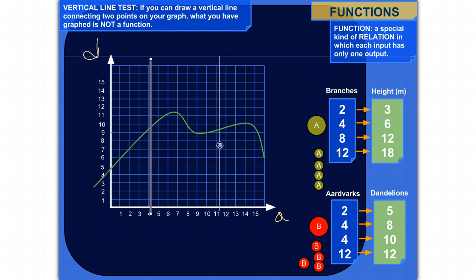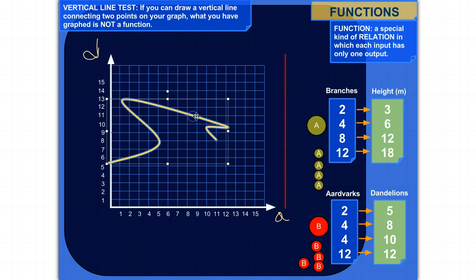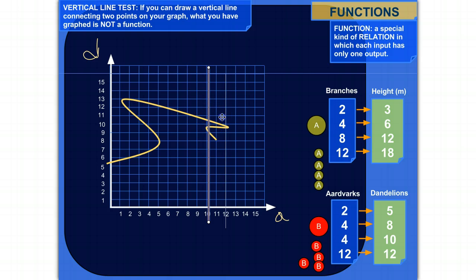Yep, it's a function, pass. I could give you something weird like that, and you'd say, oh yeah, you can connect 2 points. In fact, you can connect 3 points. Definitely not a function.